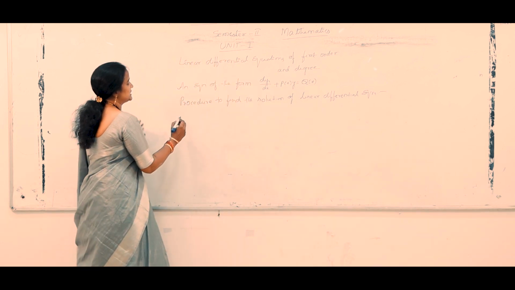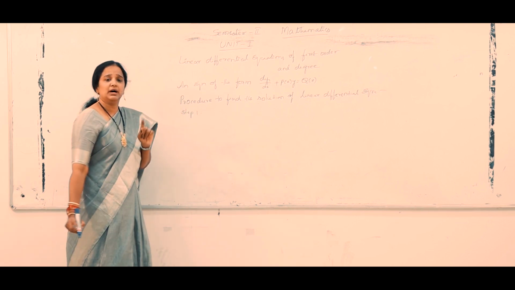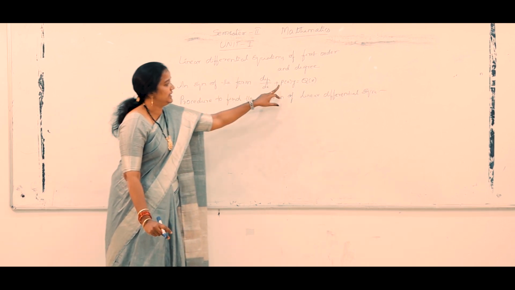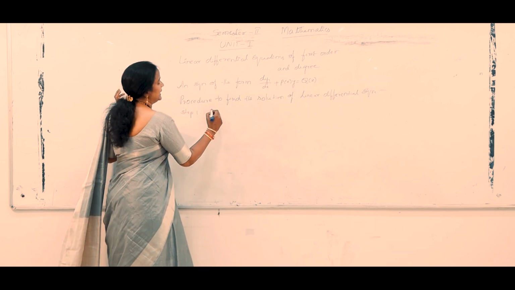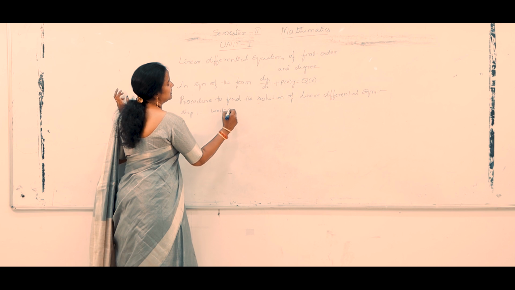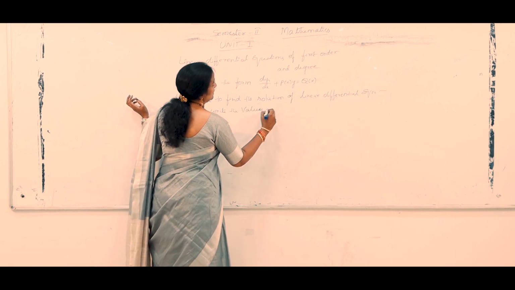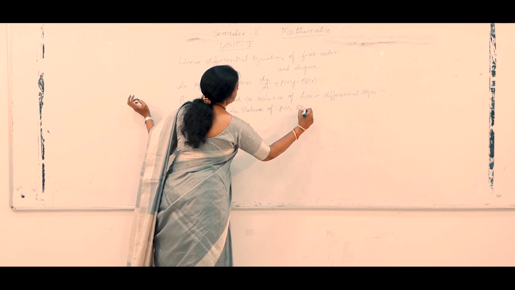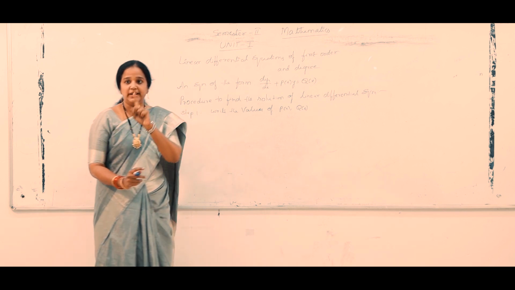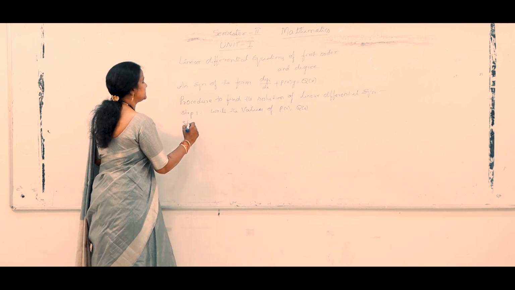What is the first step? Step 1: first we write the values of p of x and q of x. That means we identify what is p and what is q. Okay?